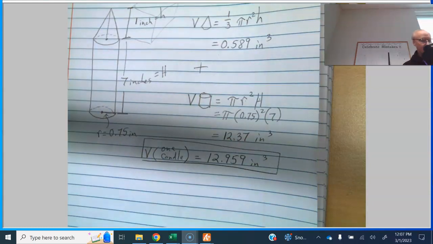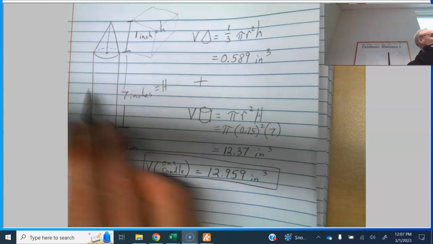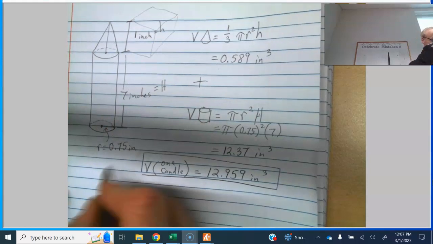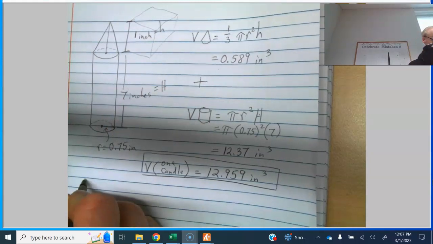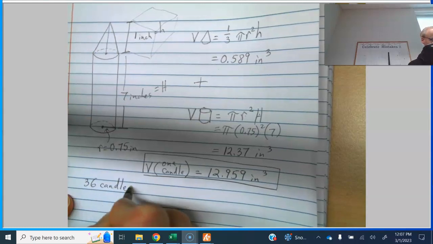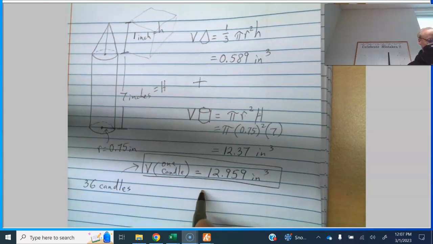So the question was, if Paula has 36 of these candles, how many of the jars can she fill? So she has 36 candles, like these, and she's going to fill up some jars with the wax.